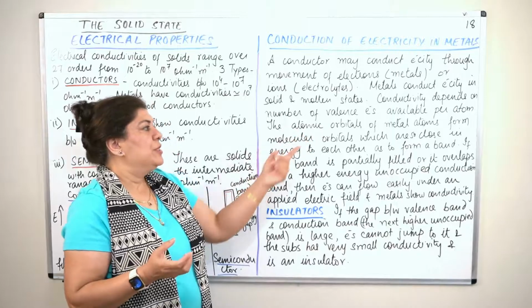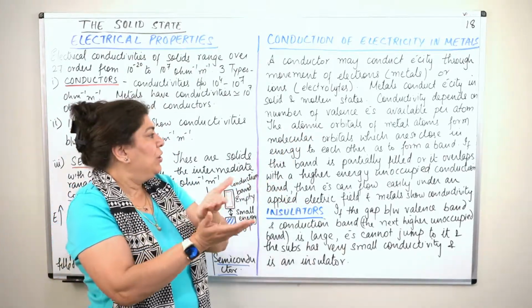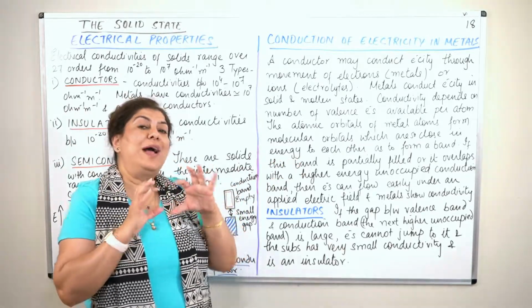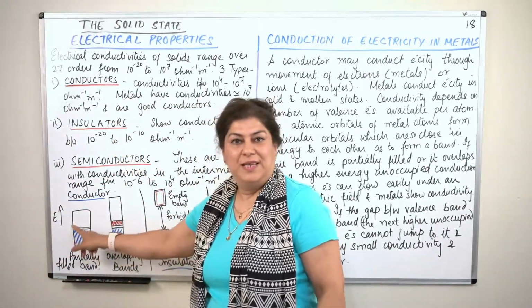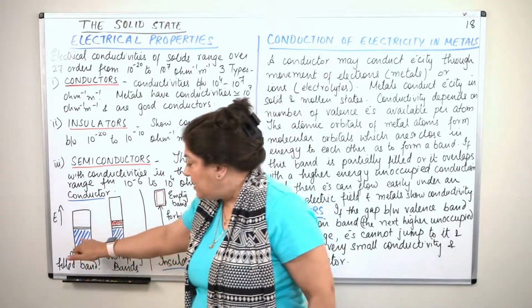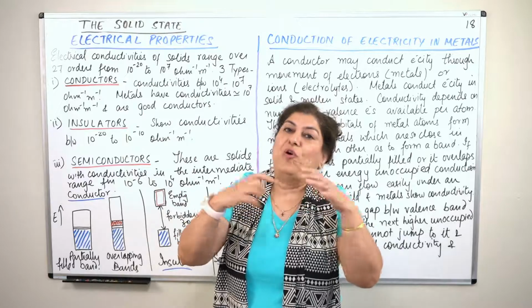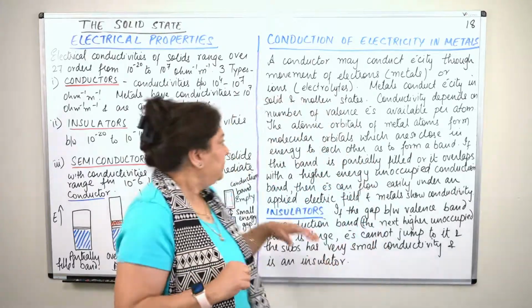The atomic orbitals of metal atoms form molecular orbitals which are so close in energy to each other as to form a band. They are so close in energy, you can't tell which electron belongs to which orbital. So they form a proper band.